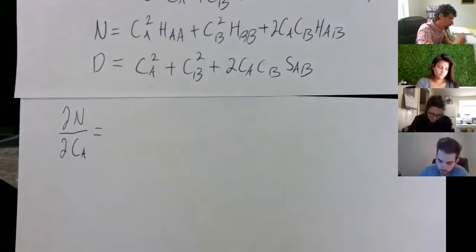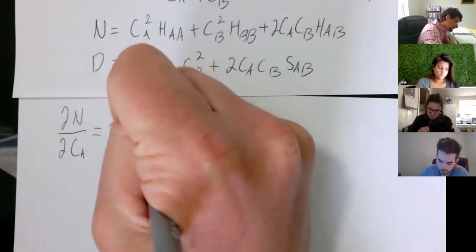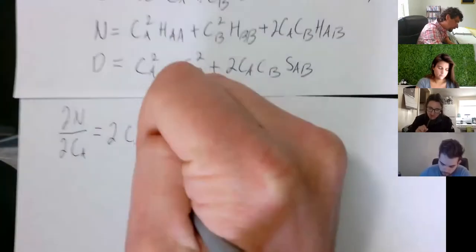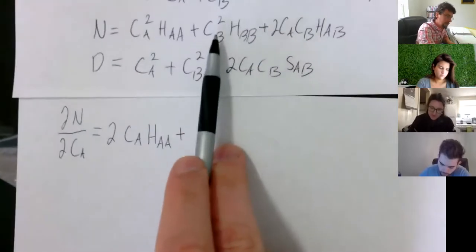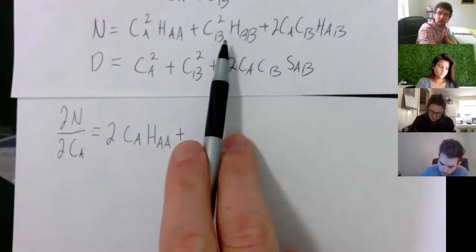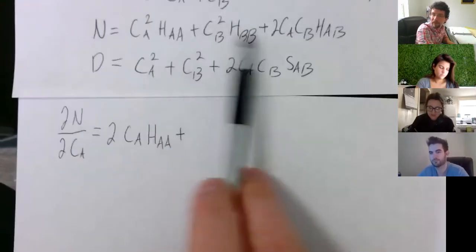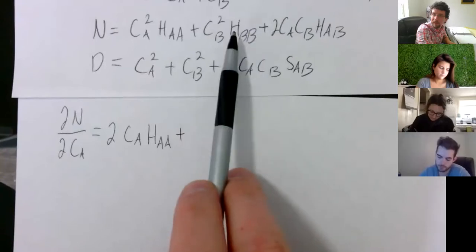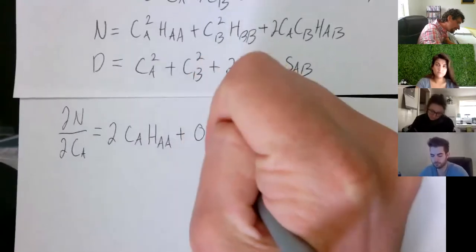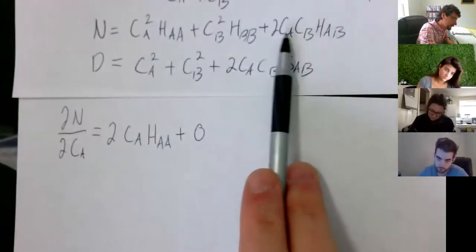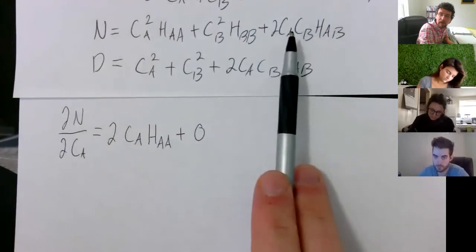Would it be 2CA HAA? Yep. Plus, what happens to this term? That'd be 0 because there's no CA. If we take a derivative of something that's all constants, it's just 0. And then this portion, what's that going to become? Must be 2CB HAB. Yep.